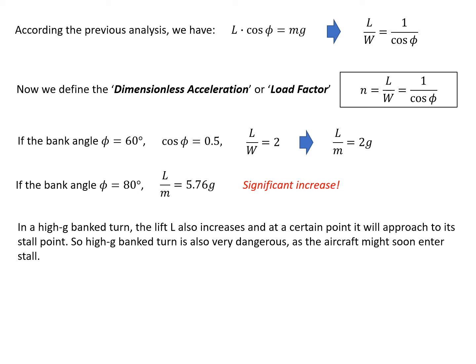In a high G bank turn, the lift also increases, and at a certain point it will approach its stall point because CL increases with the angle of attack. So a high G bank turn is also very dangerous, because the aircraft may soon enter stall. On one hand it's not comfortable, and on the other hand it's dangerous because it might stall the aircraft.